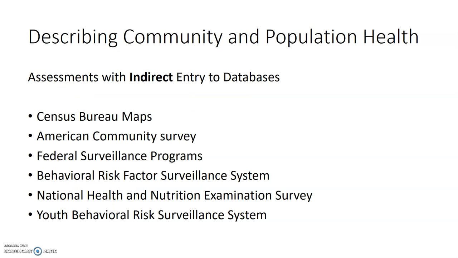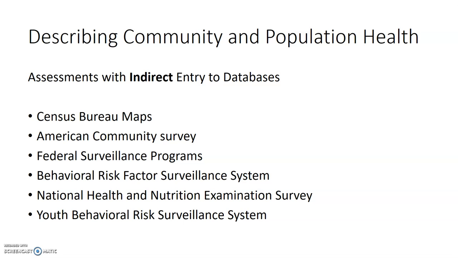The U.S. Department of Commerce and the Census Bureau maintains the most comprehensive source of demographic data in the United States. Census Bureau maps are interactive maps that enable the retrieval of census data. The American Community Survey is conducted by the Census Bureau each year and samples a small percentage of the population.